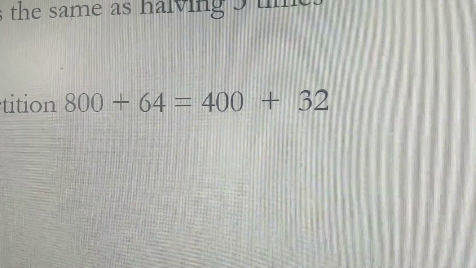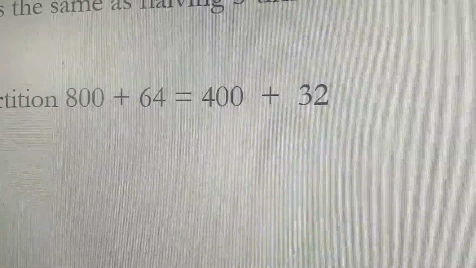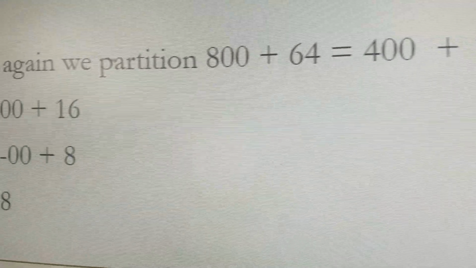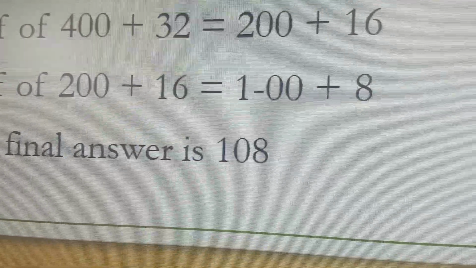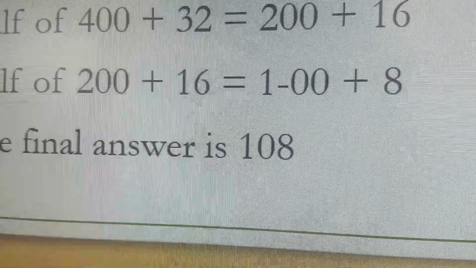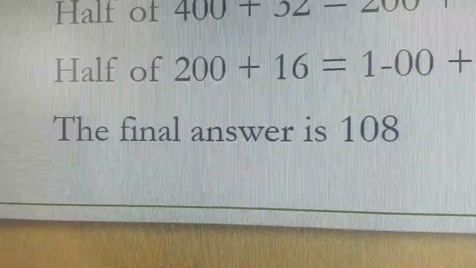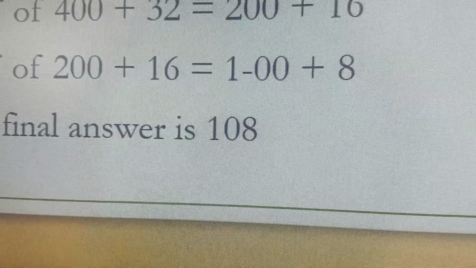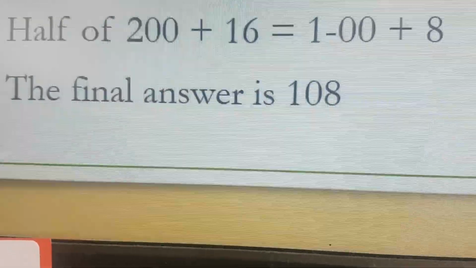Let's partition the 800 first and halve it. That gives us 400. Let's halve the 64. That gives us 32. Let's halve it again. Half of 400 is 200. Half of 32 is 16. Let's halve it one last time. Half of 200 is 100. Half of 16 is 8. So our final answer is still 108, but just with a different method.